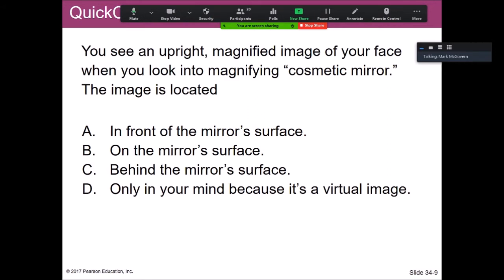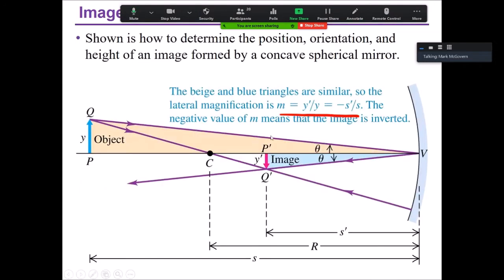Let's do this question. You see an upright, magnified image of your face when you look into a magnifying cosmetic mirror. The image is located where? It's C. Okay, what's going on here? Well, let's go back. See this? If you have a mirror here, the image is inverted.